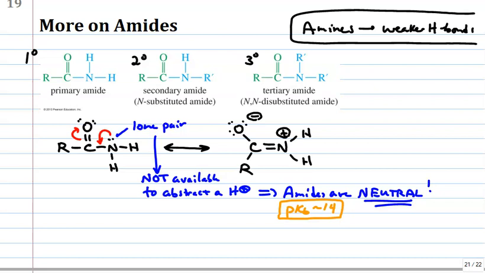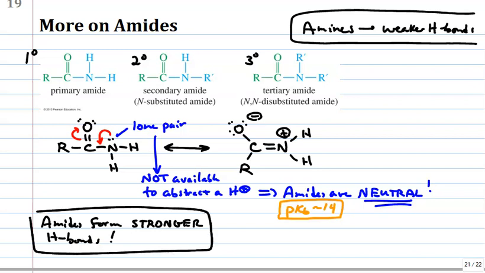I am here today to tell you that amides form stronger hydrogen bonds than normal, if you want to say it that way. So let's put this in the red asterisks here. Oh, let's do 2 of them. And we can put it up here too, because that's an important point.